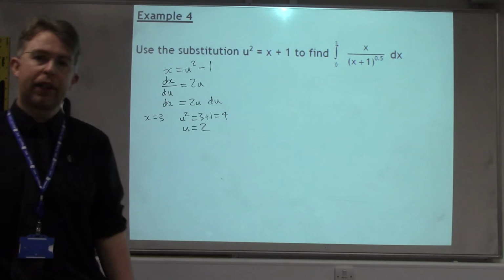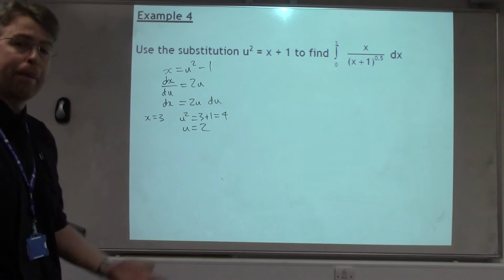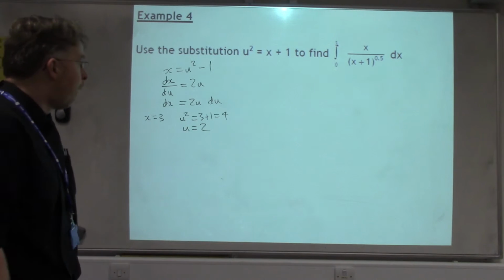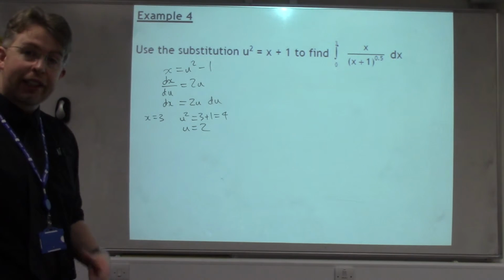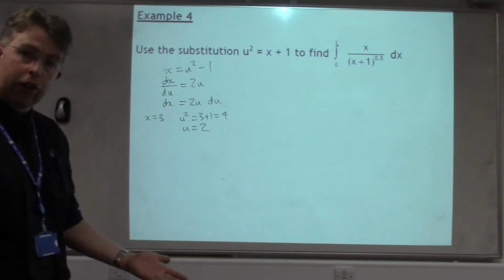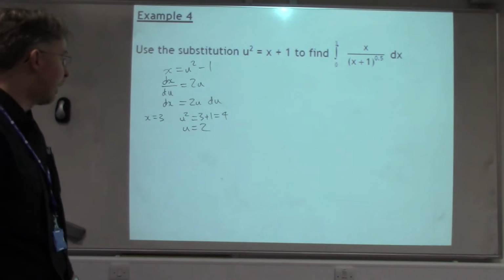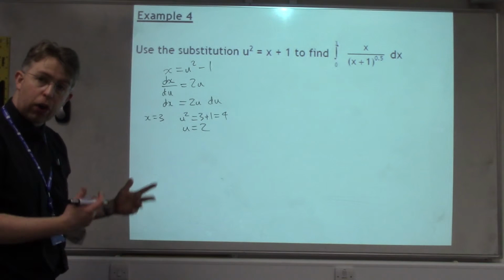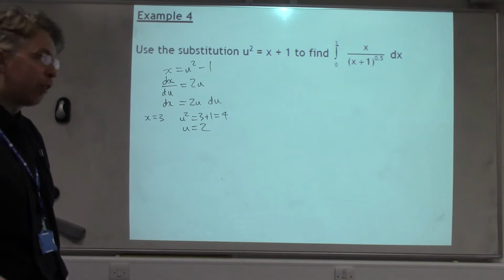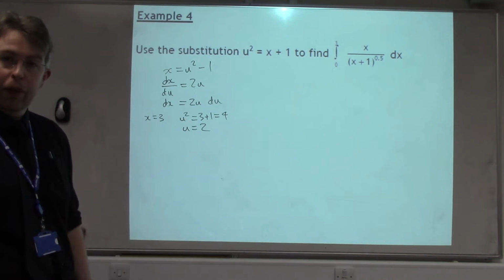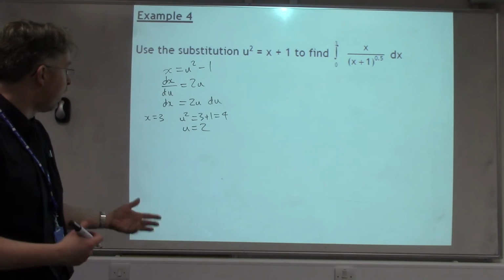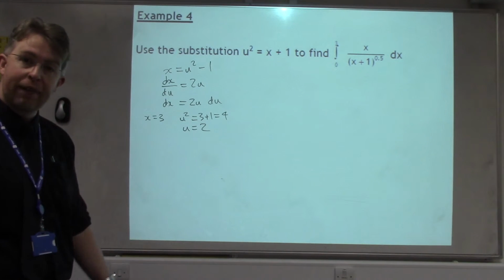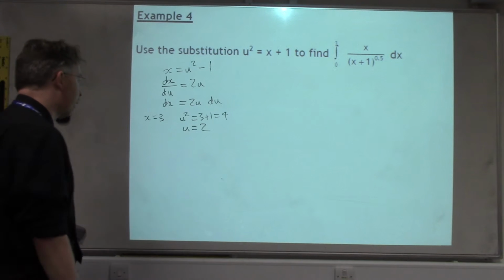Now, some people might say that when square rooting, it could have been plus or minus 2. In any question you get in the exam, to avoid that complication, you can just take the positive square root in these cases. There are more complicated integrals where it could have been the negative square root, but the process of working that out is beyond the syllabus. So if there's a square root and changing the limits, you can take the positive square root.